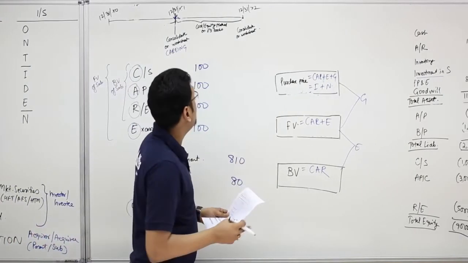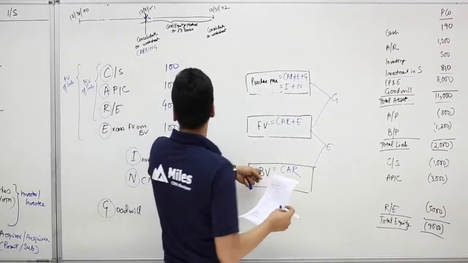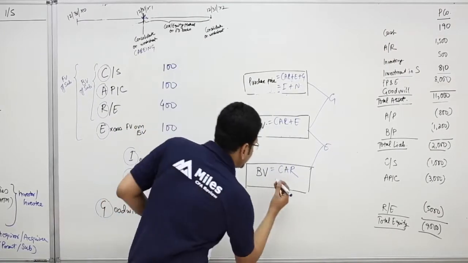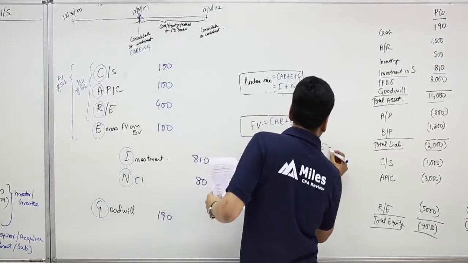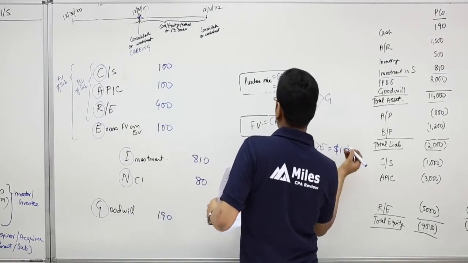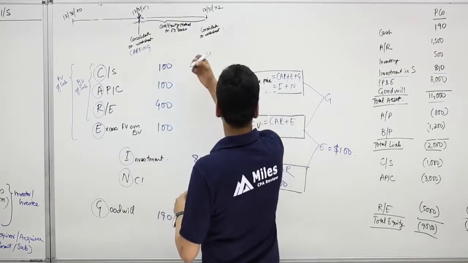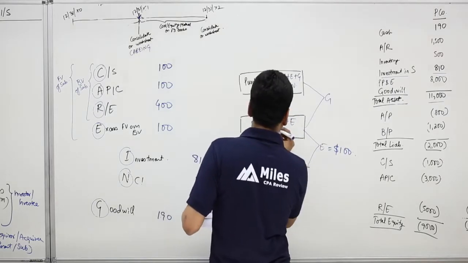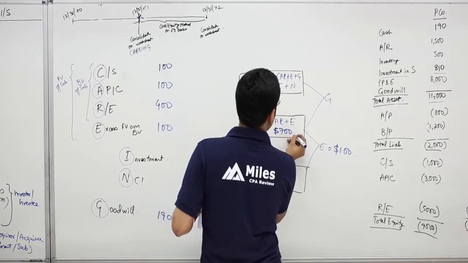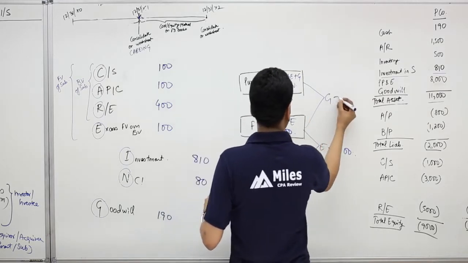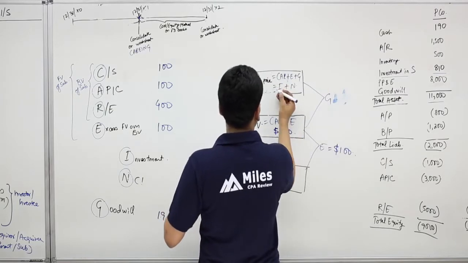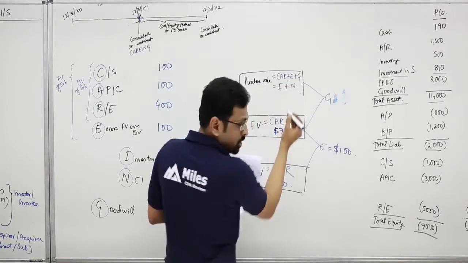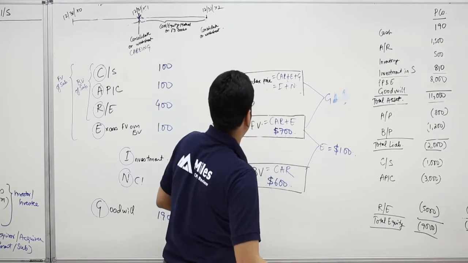So now building up on the chart that we have, book value is C plus A plus R, that's $600. Excess fair value $100. Then you have 600 plus 100, fair value is 700, and then you have goodwill. But let's calculate this first and then we'll do goodwill. So investment plus non-controlling interest.